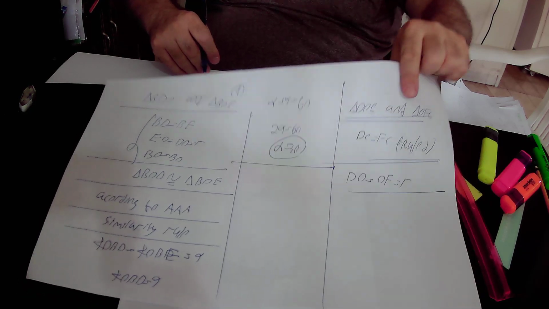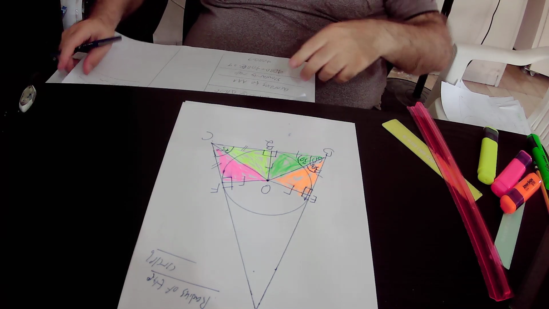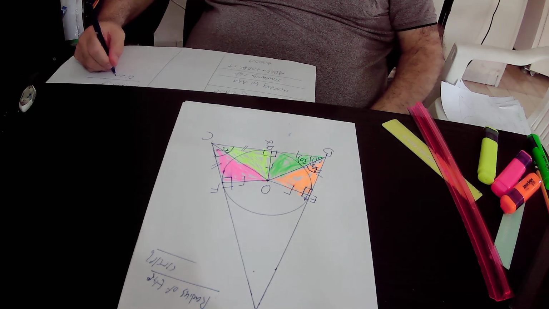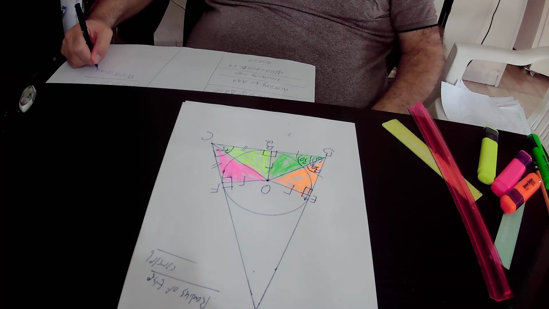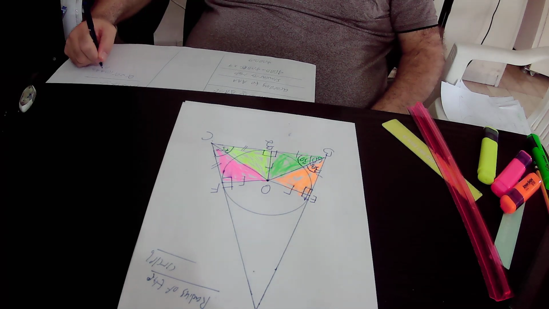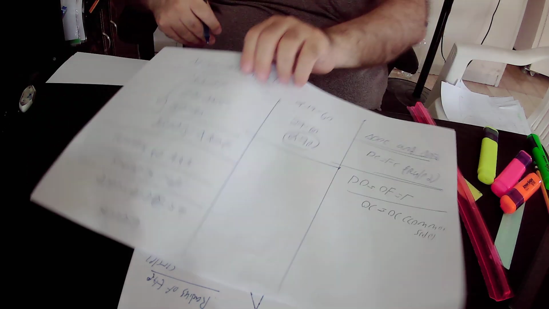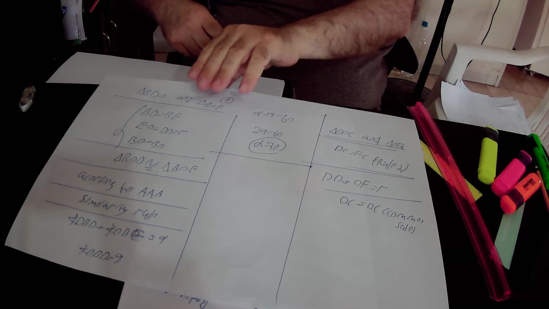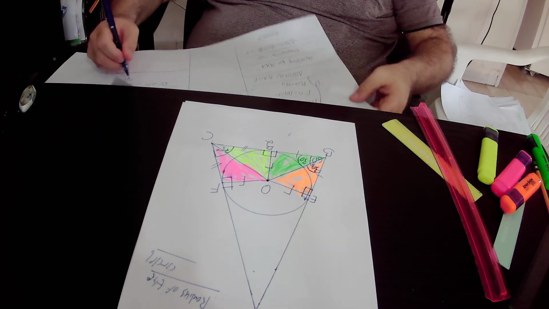And finally, side OC is a common side, so side OC equals itself. It's a common side that belongs to both triangles. Therefore, we proved that those two triangles can go into each other.